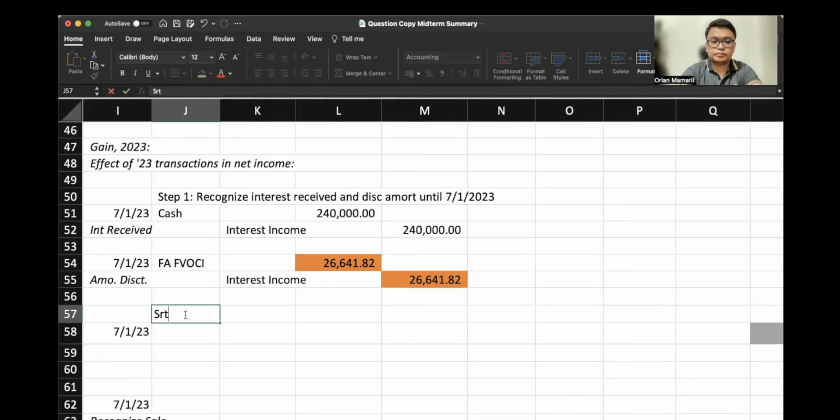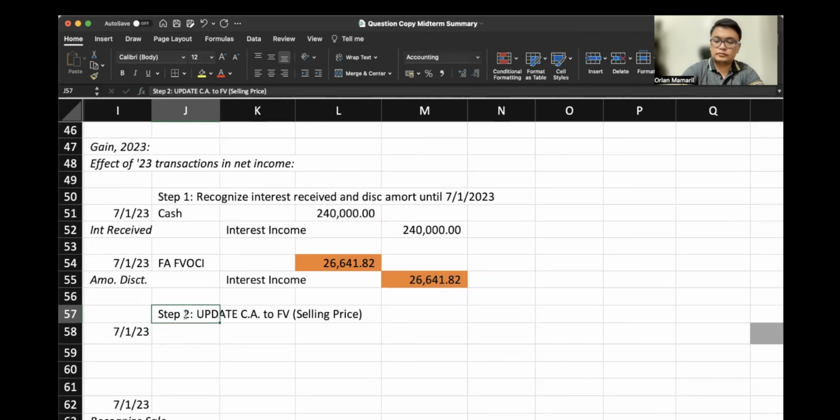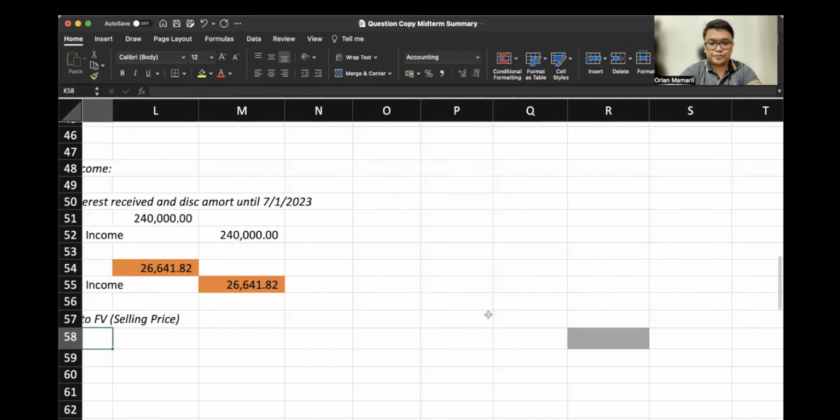Step 2 would be to update our carrying amount to match the fair value. Remember, the fair value is equal to the selling price for the year. So that would be a debit. Let's see if it's indeed a debit or a credit.